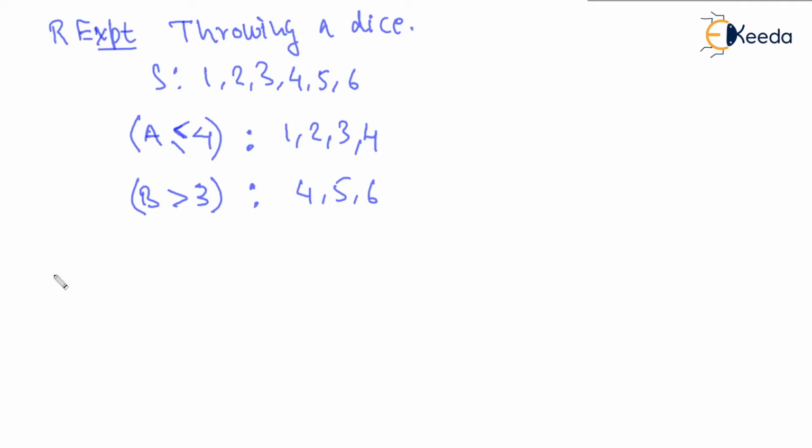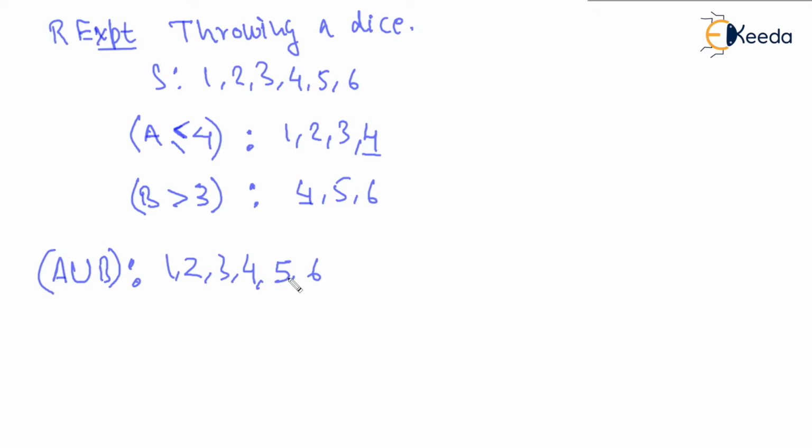Now if we check A union B, these are the events which are in A or B or both. So 1, 2, 3, 4 is already there. 4 is in both the events, so we'll count it once, and 5 and 6.